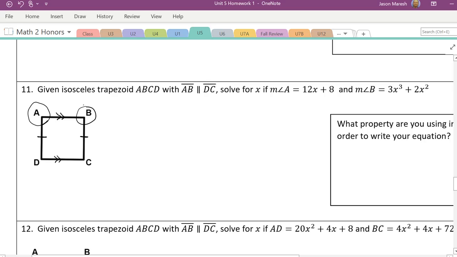And so we need to know a relationship between angle A and angle B. Now, with trapezoids, there are two different angle relationships that we need to be aware of, and I'll show you them.